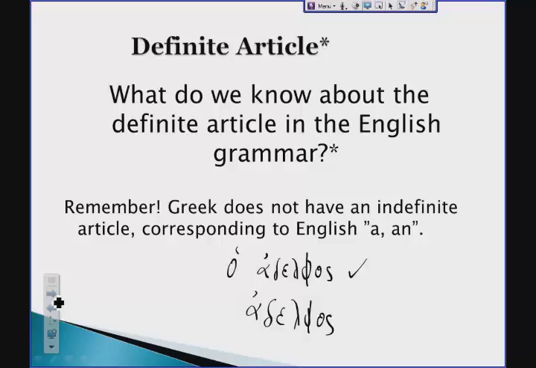The same applies when it is iota, then I put iota there, and then I put the spiritus on top. You only have definite articles in Greek, and that's what I want to come to.